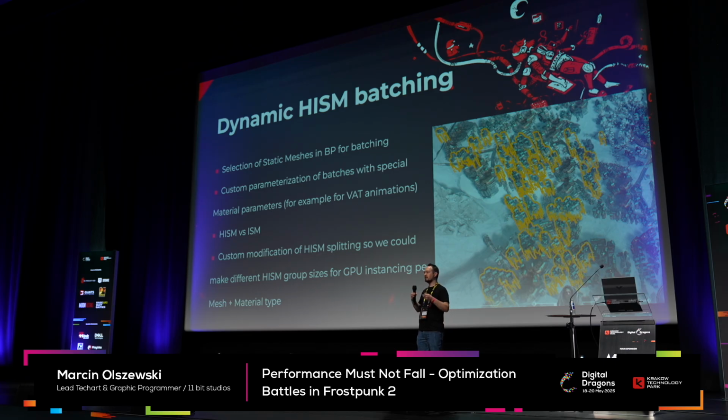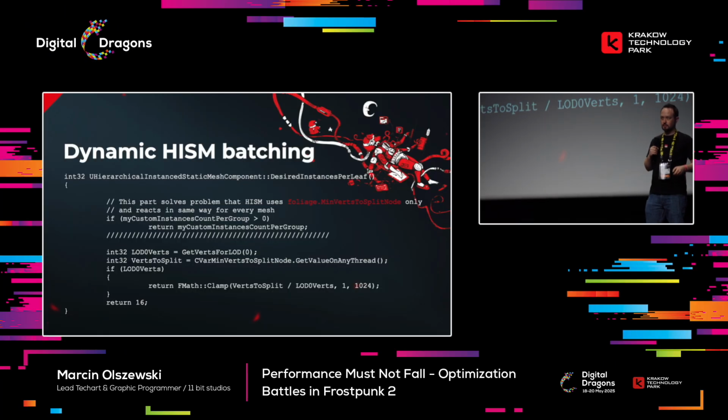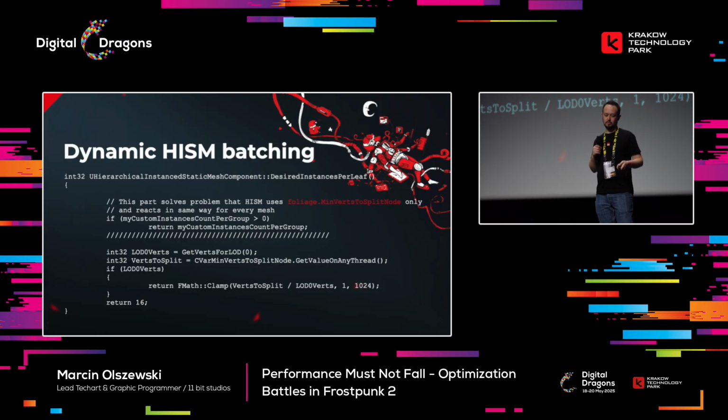And, well, the bigger the batch, the more expensive the draw call, which is not culled. It's not like we are culling mesh by mesh, but group by group. But as you can see, the old code is limited to just one count, okay?